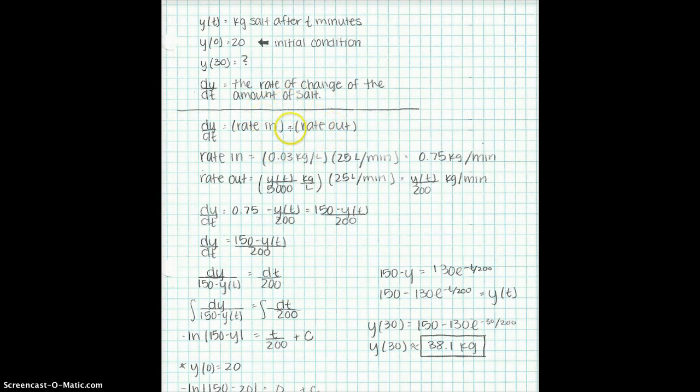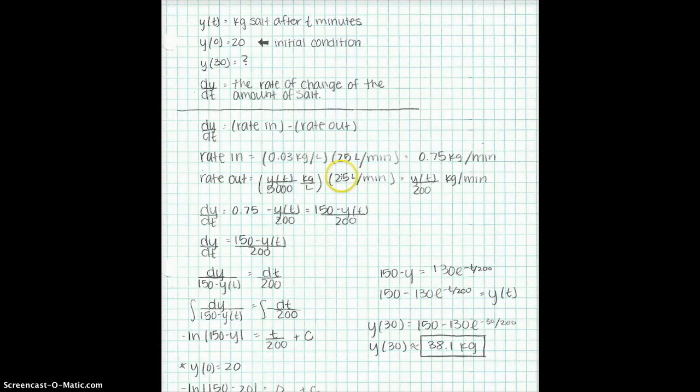And you can solve for those individually by doing, for the rate in, 0.03 kilograms per liter times 25 liters per minute equals 0.75 kilograms per minute. And the rate out is y of t over 5,000 kilograms per liter. This is because the tank always contains 5,000 liters of liquid, so the concentration at time t is y of t divided by 5,000.